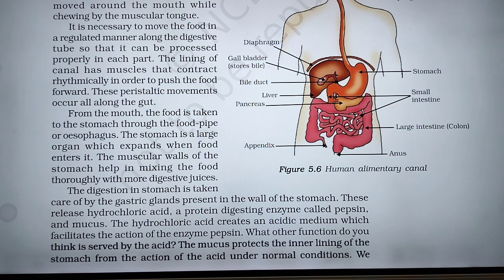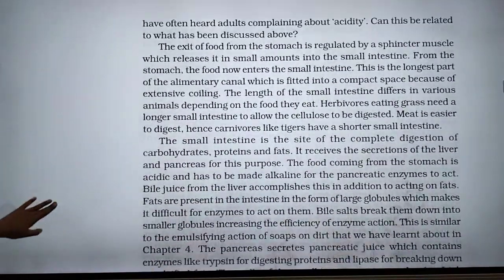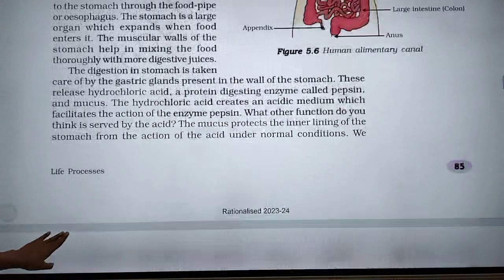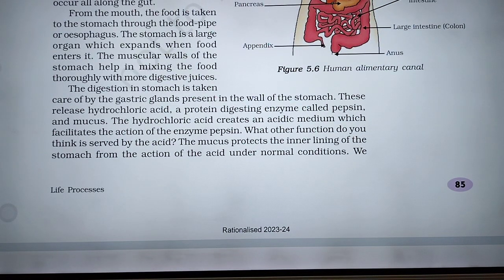Under normal conditions, mucus helps to protect the inner lining of the stomach from the action of acid.